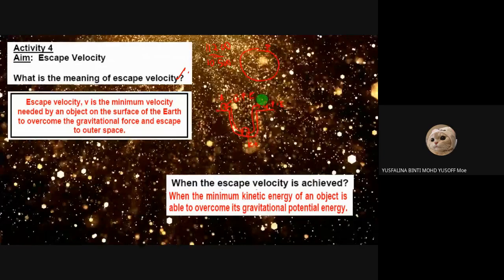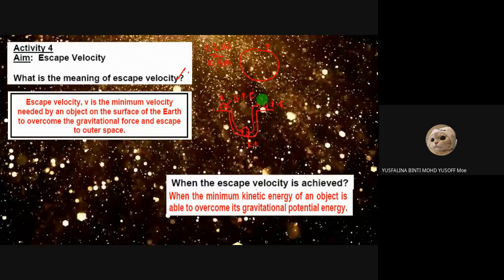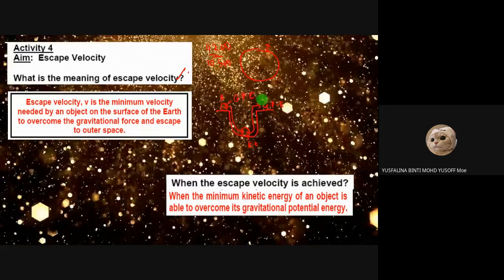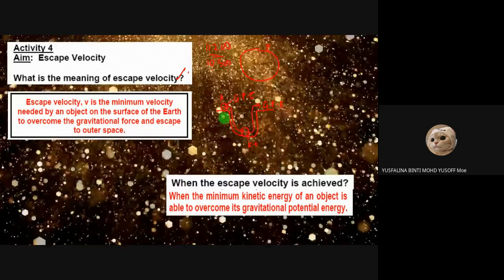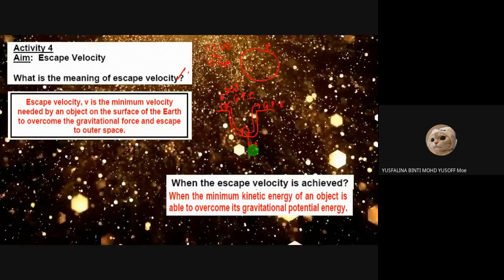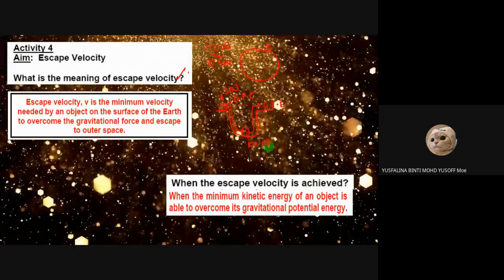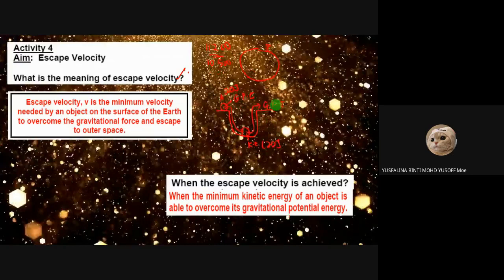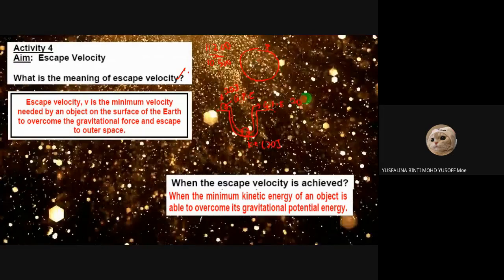So what we can conclude here is that energy can only change form, but it cannot be destroyed. Let's say at A, the gravitational potential energy is 20 joule. Here the kinetic energy will also be 20 joule. Then we go back to the original position, and it will be 20 joule also.